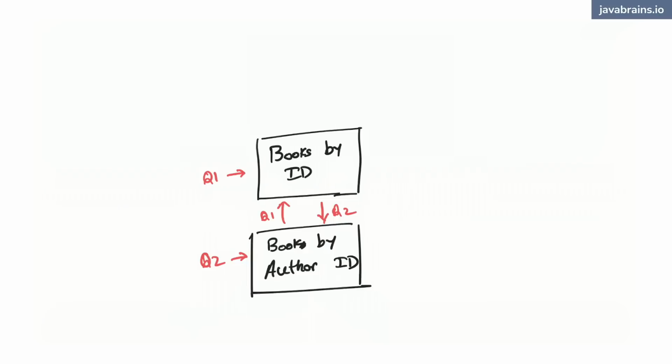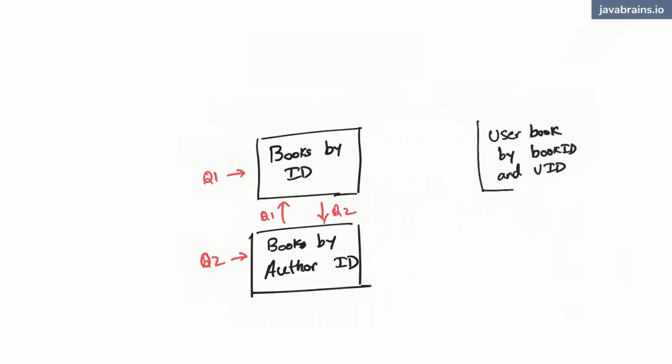So I'm going to create one more here. It's going to be another query, which is going to be called user book by book ID and user ID.